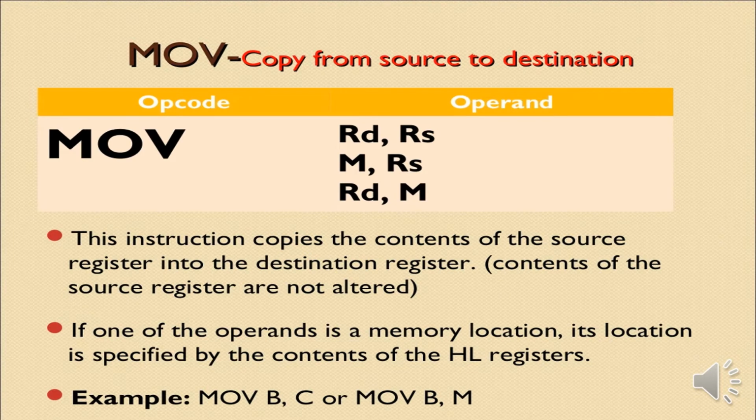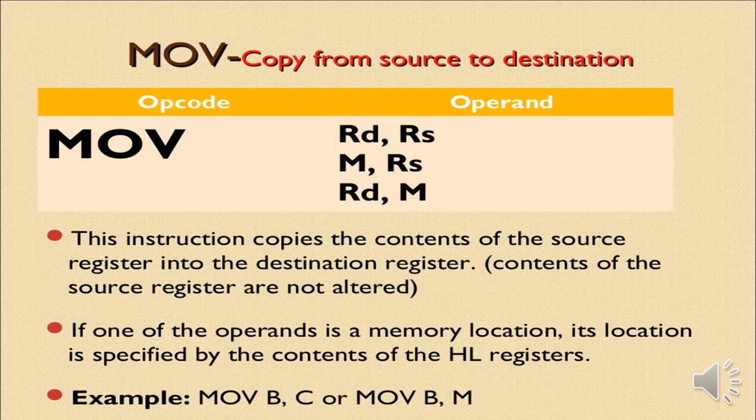The first data transfer instruction is the move instruction, MOV. The move instruction is also called the copying instruction or data transfer instruction: copy from source to destination.